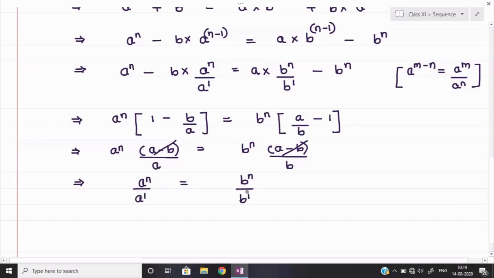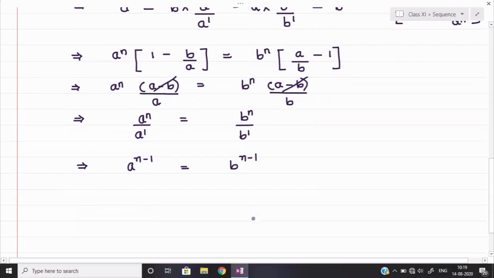Again apply the same exponent formula I have applied earlier. So this will become a to the power n minus 1, and this will become b to the power n minus 1 in the similar way. Now b to the power n minus 1, I can suppose, is multiplied by 1 over here, and this term is in multiplication. So a multiplication term, when it goes to the left hand side, comes in the denominator.